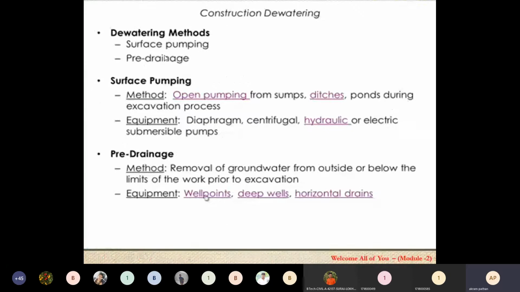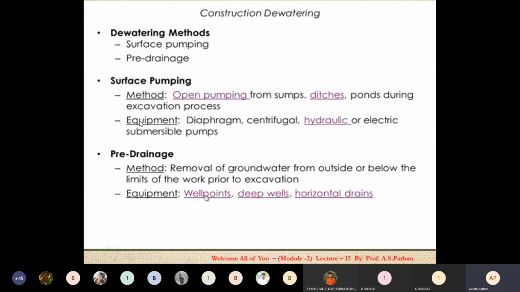Then generally we have the dewatering methods: surface pumping and pre-drainage methods. These are the two main dewatering methods we use. Now in case of surface pumping, what do we generally do? Here we require an open pump from the sump, to pump the water from the excavation ditch or pond during the excavation process.